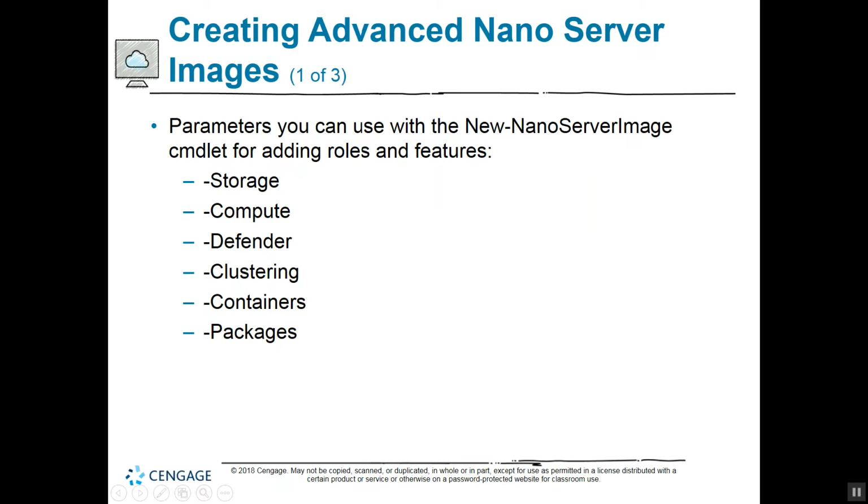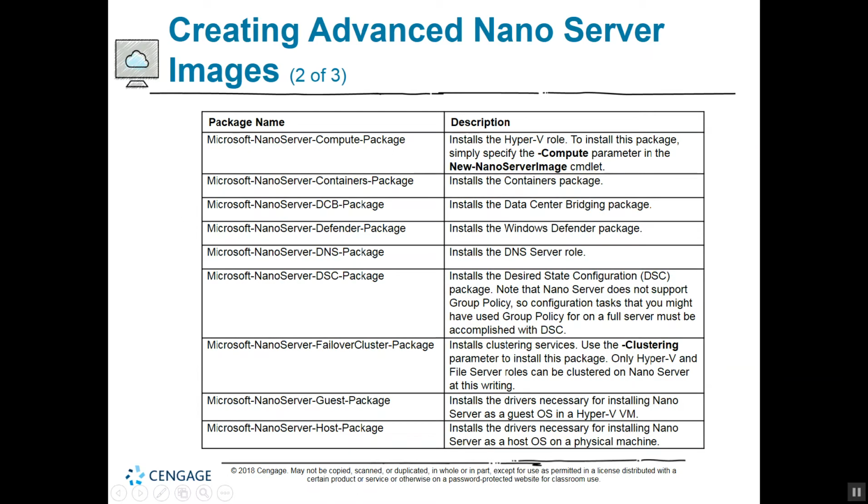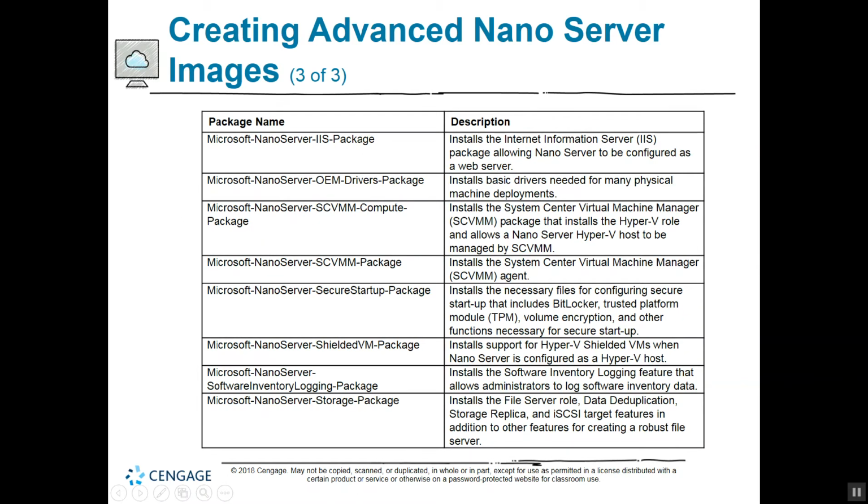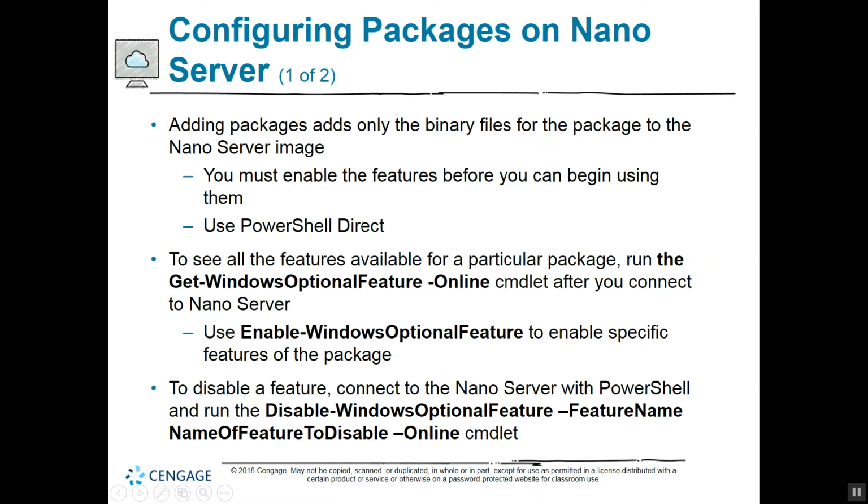Now, parameters you can use with the New-NanoServerImage cmdlet for adding roles and features: you've got storage, compute, defender, clustering, containers, and packages. Now here are the cmdlets, and we've got a bunch more here. Adding packages adds only the binary files from the package to the Nano Server image.